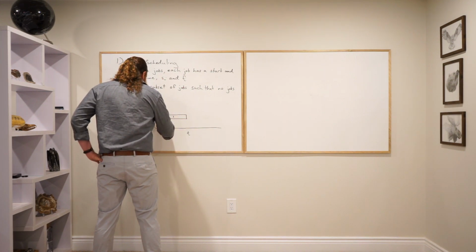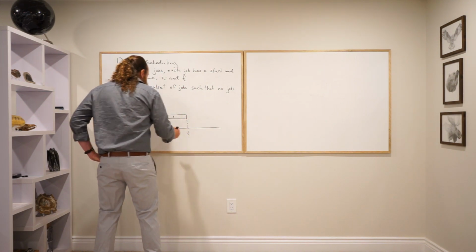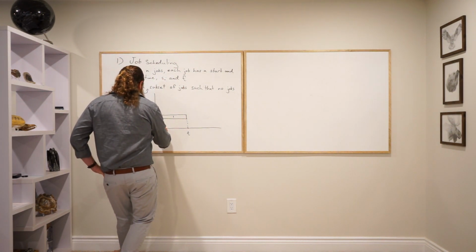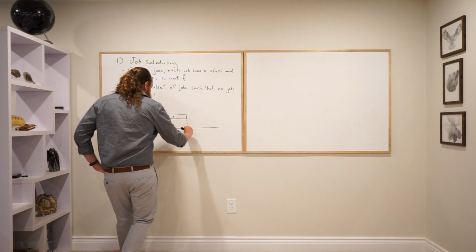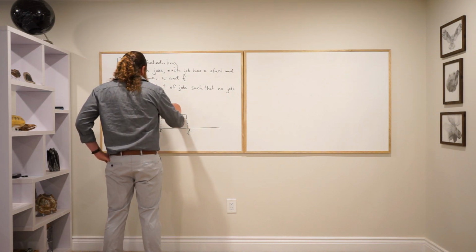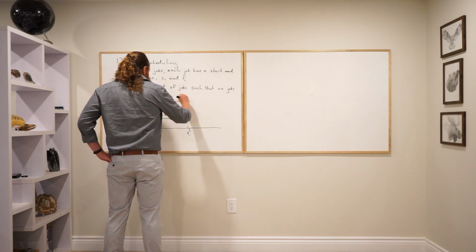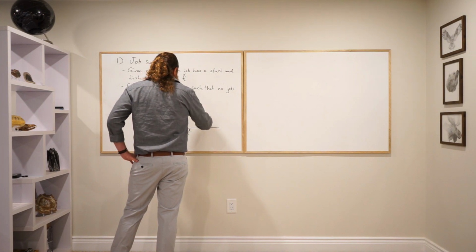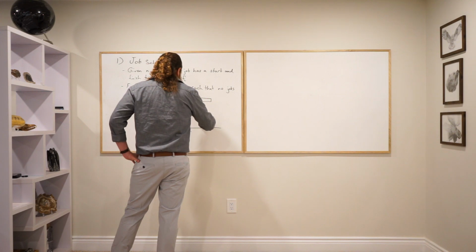And the way that this picture works is this would be the start time of job one, and this would be the finish time of job one. So S1 and F1. And I can draw some more jobs on here. Why not? Maybe we have a really long one here.